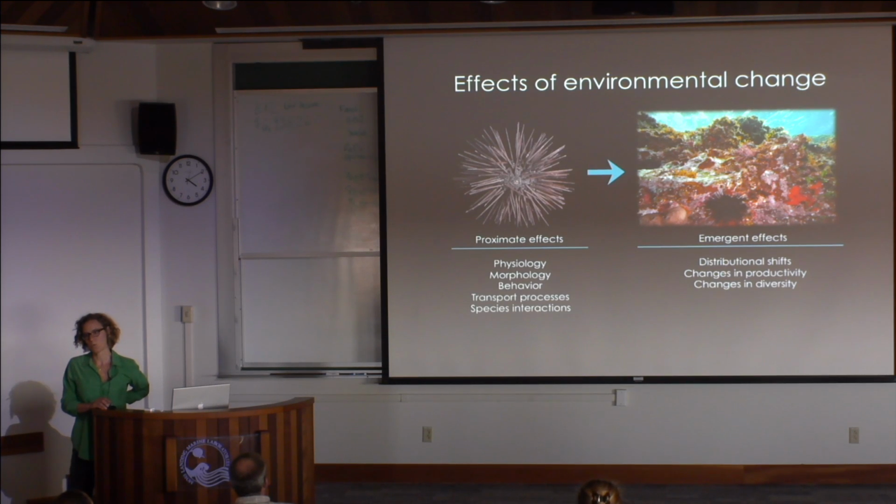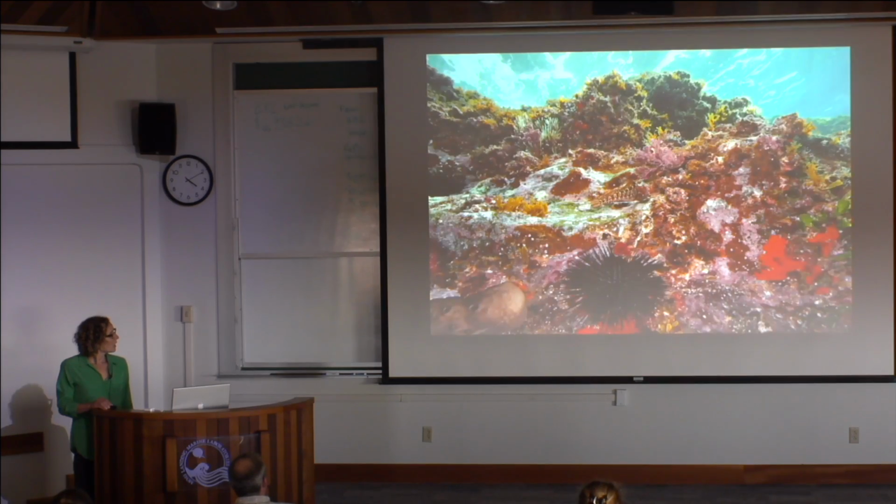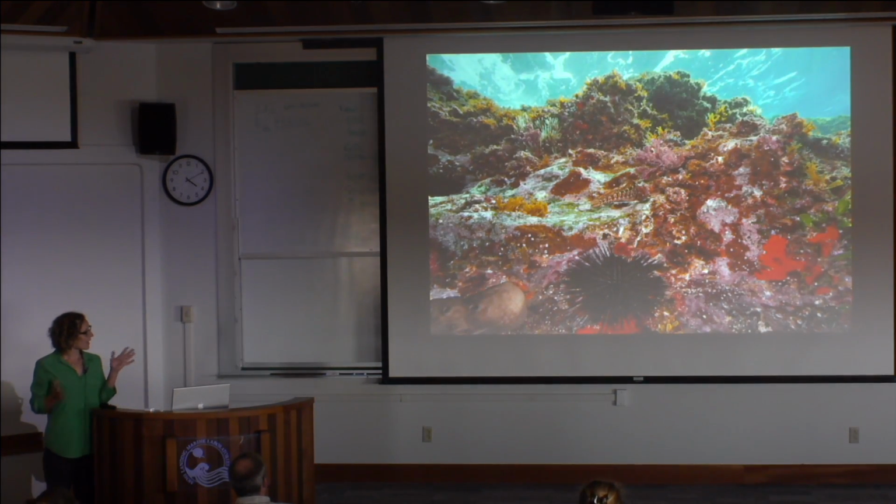However, it's often what's the most relevant for society and policymakers when they're thinking about what do we do about environmental change. So understanding these effects has been central to my dissertation research and what I'm doing as a postdoctoral researcher as well. And I'm going to talk today about the right-hand side of the equation.